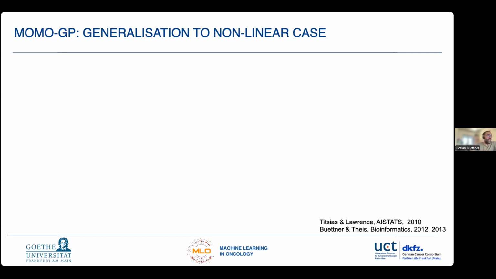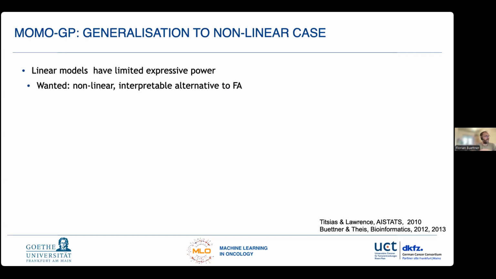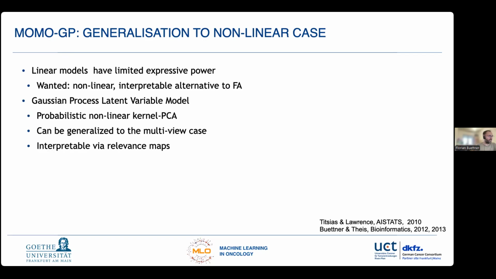And what we'd really like to have is a nonlinear version of that, but it should ideally be interpretable, maybe to a similar extent as factor analysis, which is of course impossible, but we still had a go to try to find that sweet spot. And what we did was to rely on Gaussian process latent variable models, which you can think of as a probabilistic and nonlinear kernel PCA, or a nonlinear version of a standard PCA.